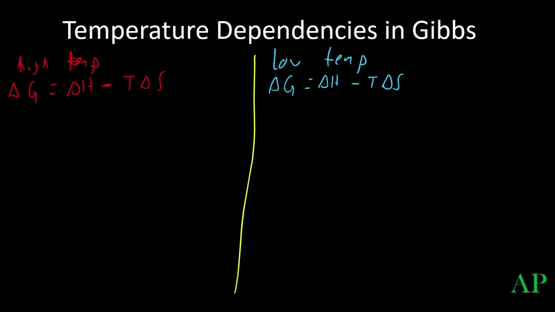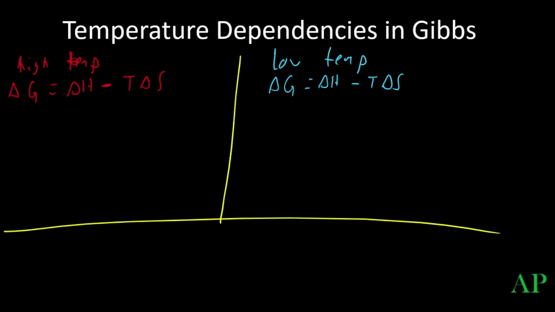So based off of this on its own, what do we expect to be spontaneous and what do we not expect to be spontaneous? For starters, if we have a delta H value that is negative, so an exothermic reaction, this is going to be spontaneous. Why?